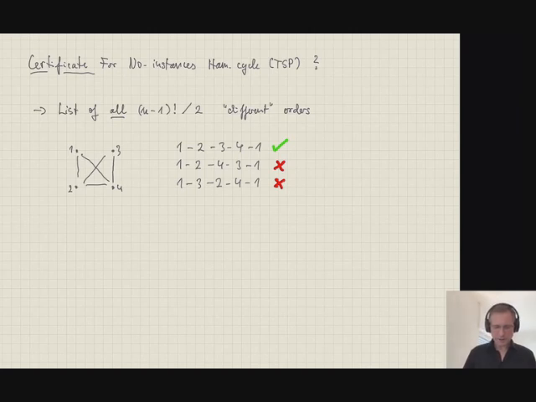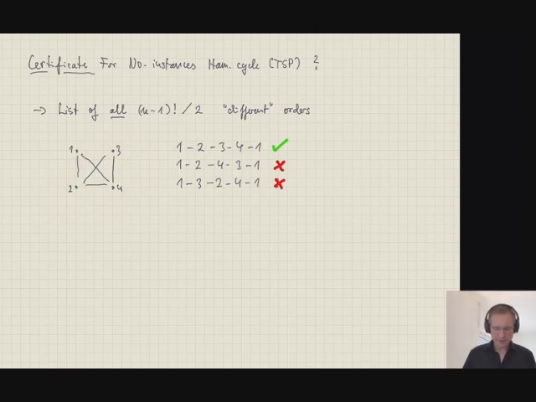So one possible way of doing it is giving me all the lists of different orders of the nodes of the graph. If we have this little example here, a graph on 4 nodes, then I can pick an arbitrary starting vertex, say vertex number 1, and then consider all the possible orderings of the remaining vertices of the graph.